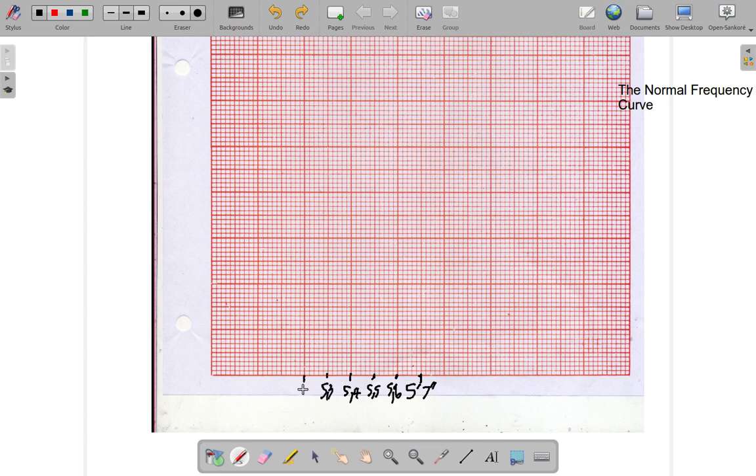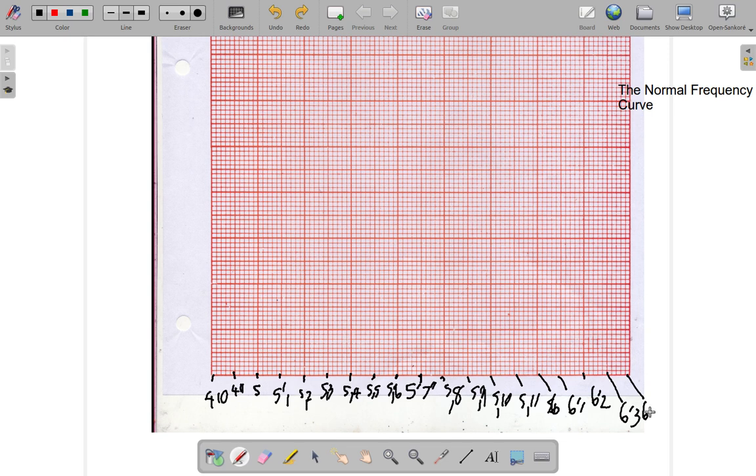5 feet 3, 5 feet 2, 5 feet 1, 5, 4, 11, 4, 10, and you go up to 5, 8, 5, 9, 5 feet 10 inches, 5 feet 11, 6 feet, 6 foot 1, 6 foot 2, 6 foot 3, 6 foot 4.